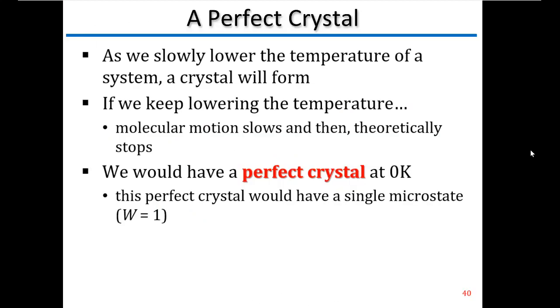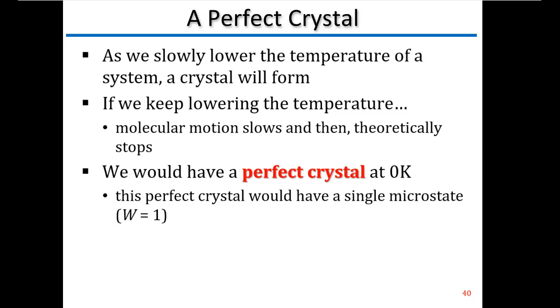Okay, so this next slide we'll talk about what if we could have a perfect crystal. As we slowly lower the temperature of a system, we can start to form crystals. If we were to keep lowering the temperature, molecular motion slows, and then theoretically, if we can lower the temperature low enough, it would completely stop.